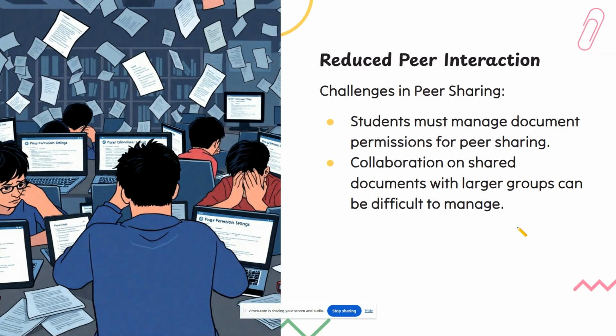Besides, the app also reduces peer interaction. This is because students must manage the document permissions for peer sharing, and they cannot share their work with their peers via Google Classroom.